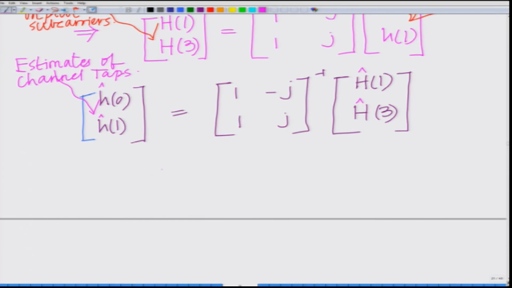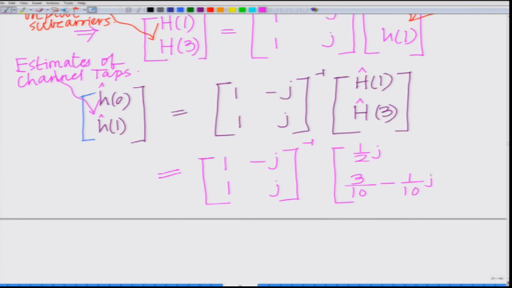Okay. And therefore, now I am going to substitute capital H hat 1, capital H hat 3. So, this is the matrix 1 minus j, 1 plus j, inverse, times capital H hat 1, capital H hat 3. Now, capital H hat 1 we already calculated, that is half j, and capital H hat 3 we have calculated, that is 3 by 10 minus 1 by 10 j.